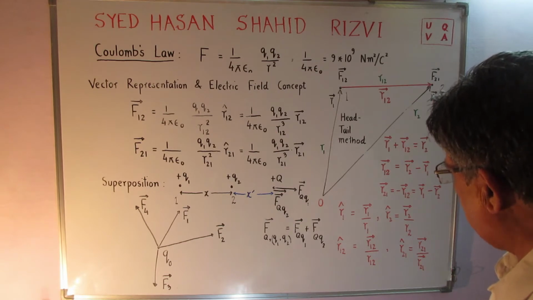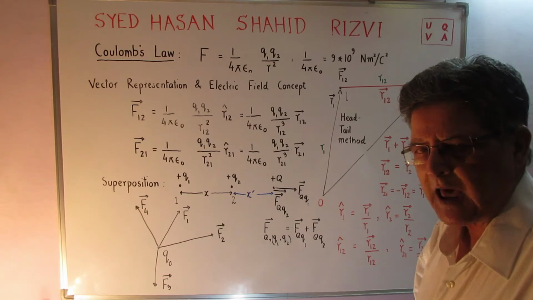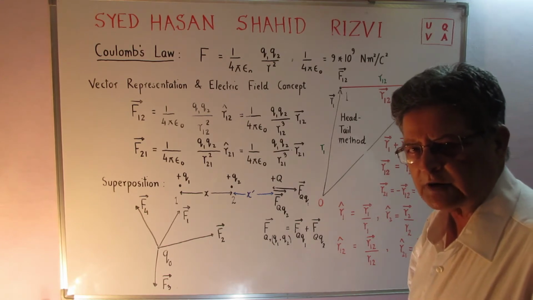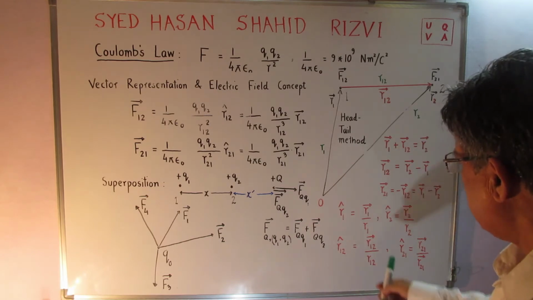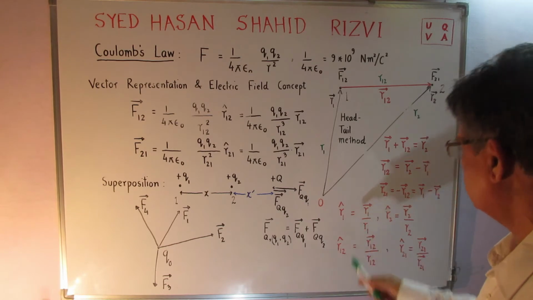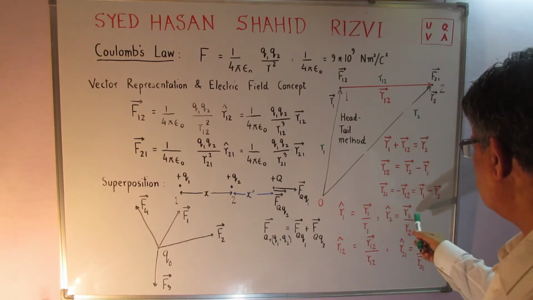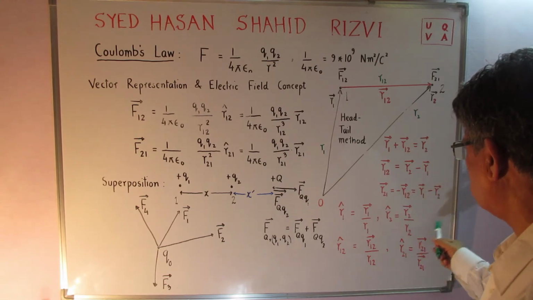Let me remind you that there is a cap vector, and that cap vector is basically a direction vector, a unit vector, and this is equal to vector R1 divided by the magnitude R1, and here R2 cap is equal to vector R2 divided by R2.